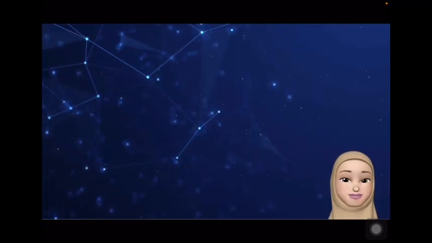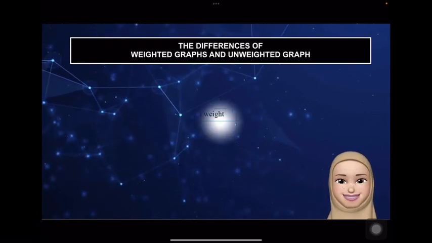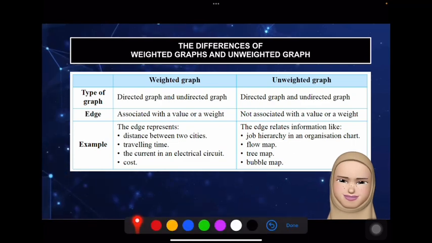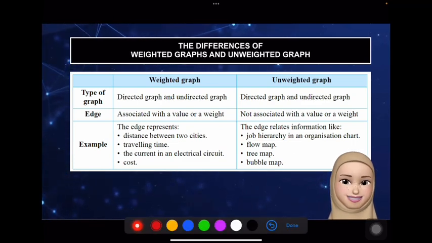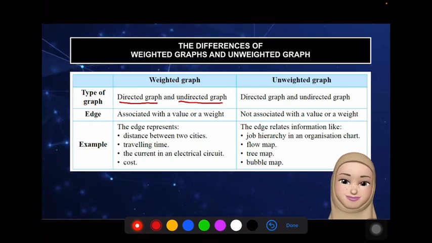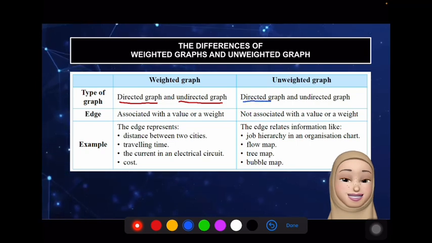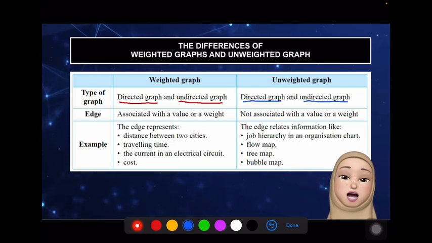What are the differences between weighted graph and unweighted graph? The first one is about the type of graph. For weighted graph, we can have directed graph and undirected graph. And the same thing for unweighted graph, you can also have directed graph and undirected graph.